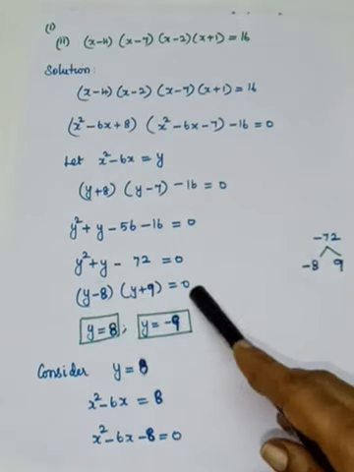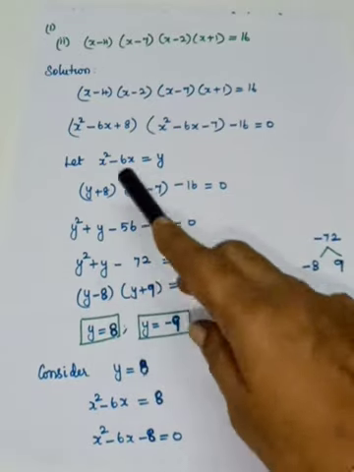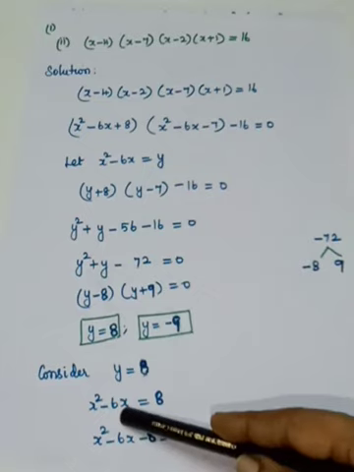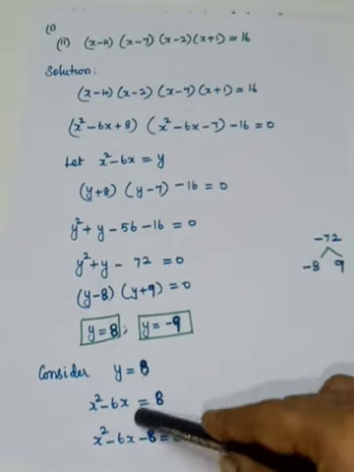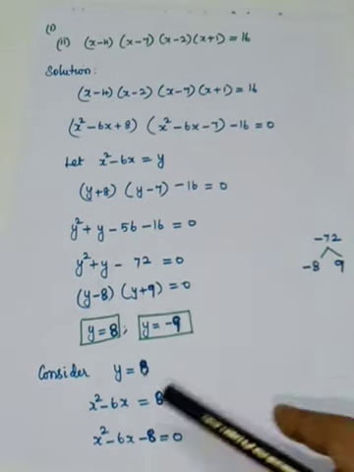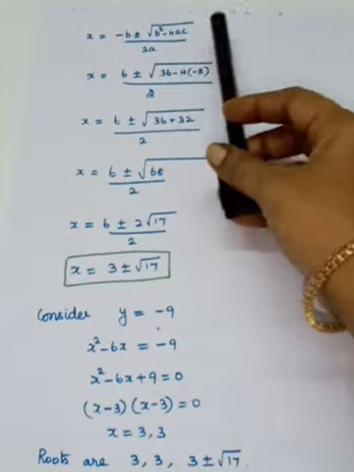So y is equal to 8, if you consider. In the place of y, what you have to substitute? x squared minus 6x. So x squared minus 6x, and bring this 8 to the left side, minus 8 is equal to 0. It's a quadratic equation in terms of x. Okay, so therefore you have to factorize that. Okay, so minus b plus or minus square root of b square minus 4ac.